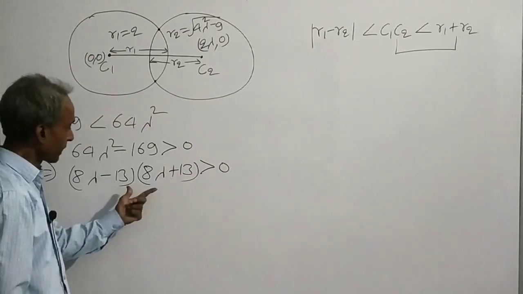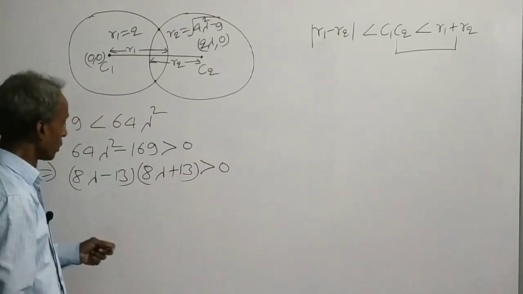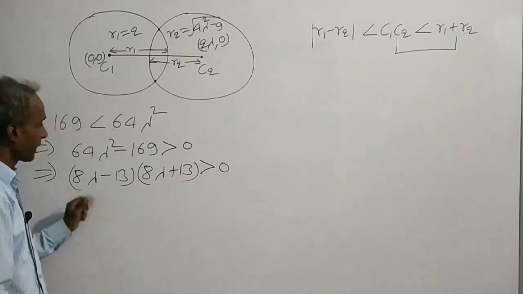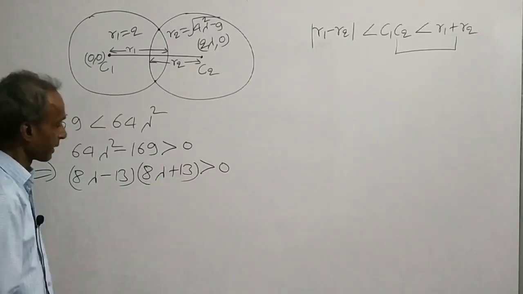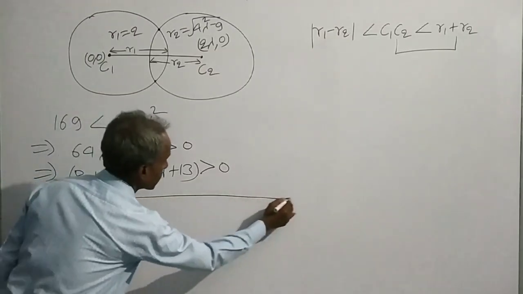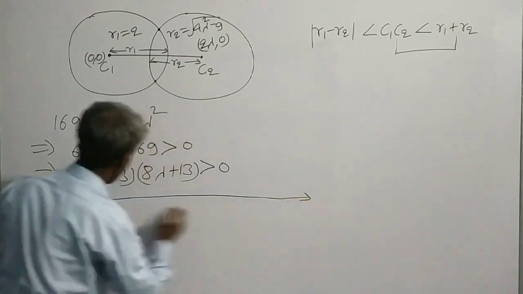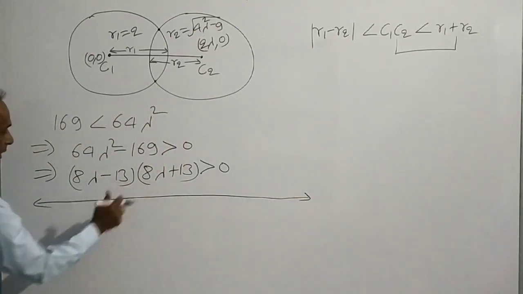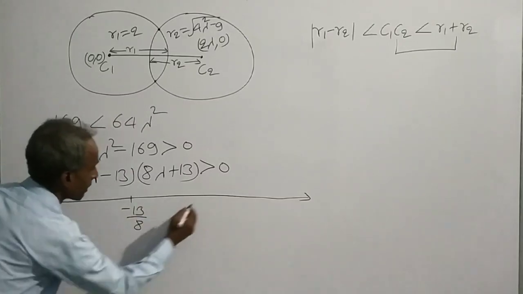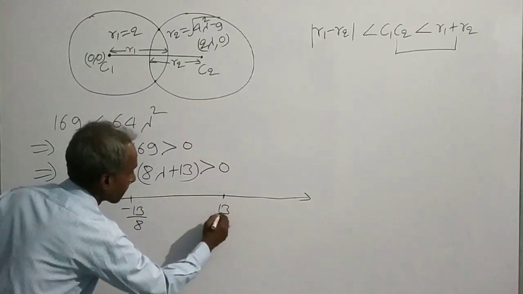When we equate this expression with 0, we get value of lambda as 13 by 8 and minus 13 by 8. We draw the sign scheme here of this expression: minus 13 by 8, plus 13 by 8.